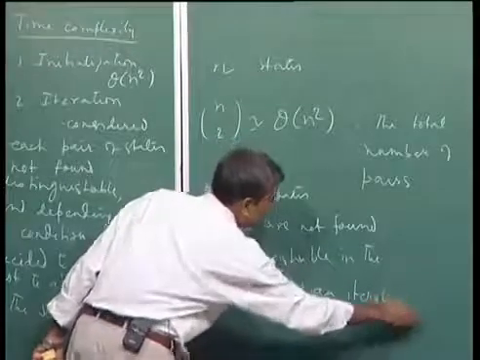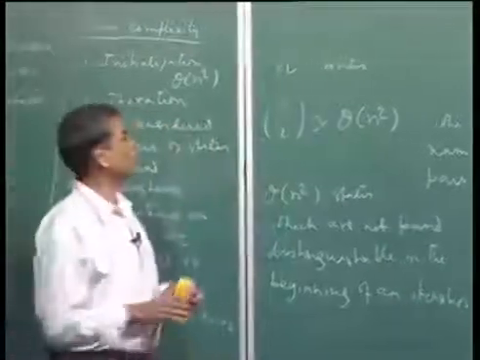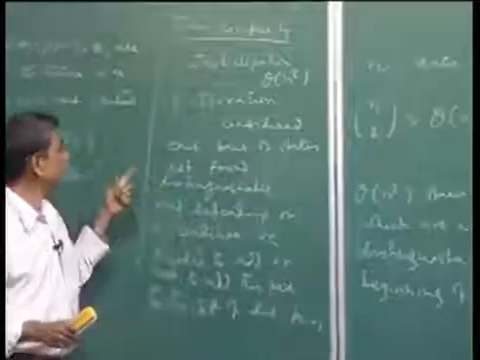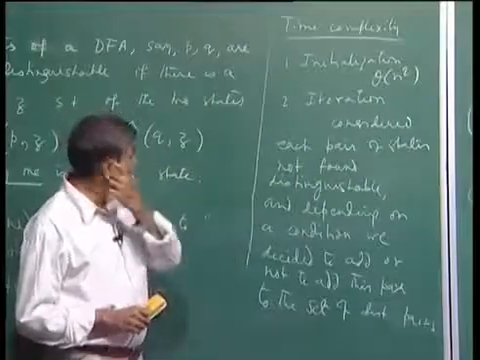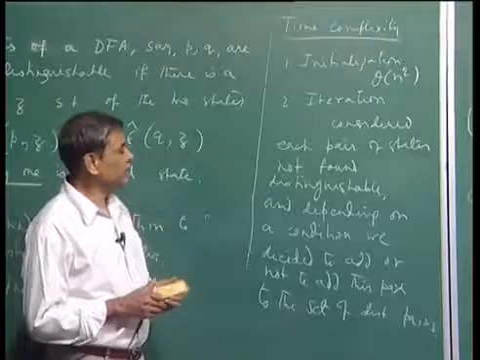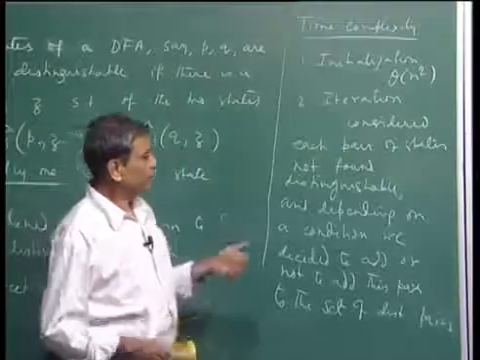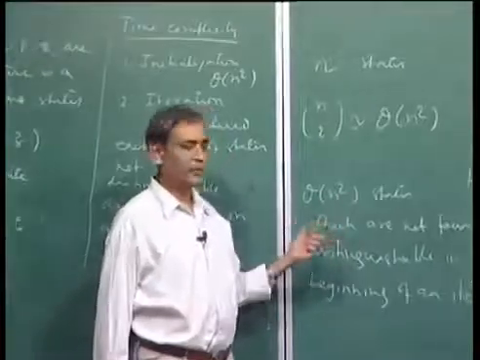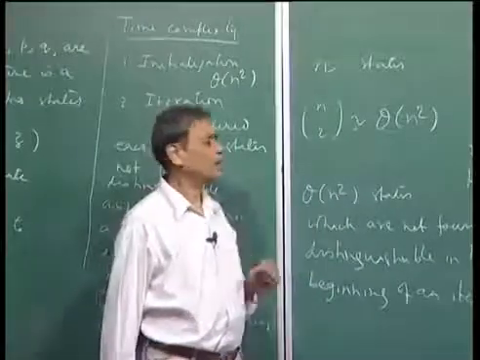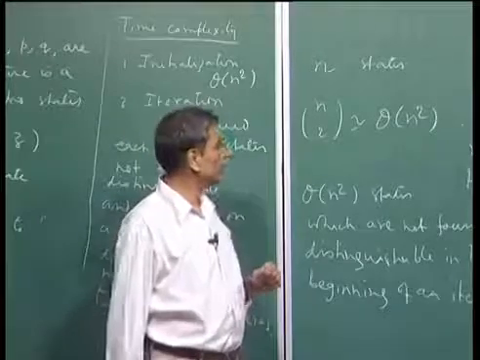And for each pair, what we do is a constant amount of work. If you go to the details of the condition, you will easily see that for each such pair, we do a constant amount of work.